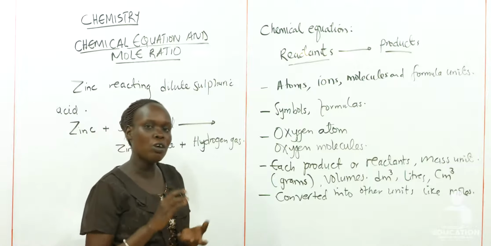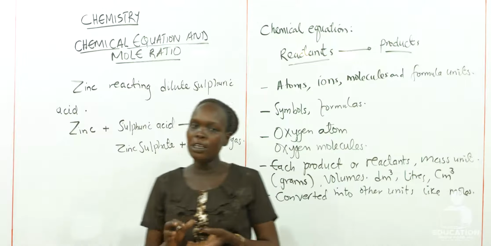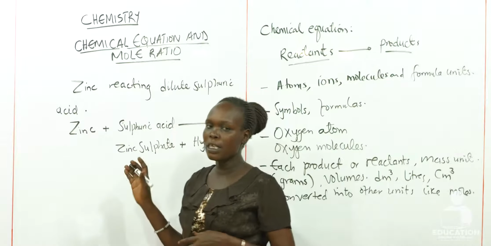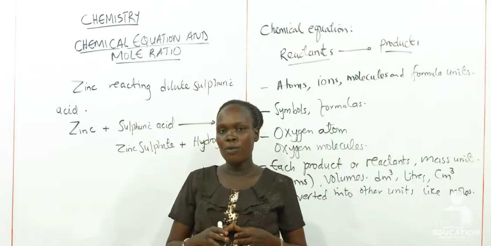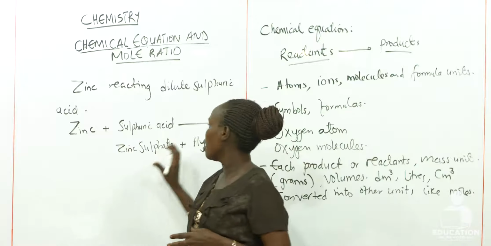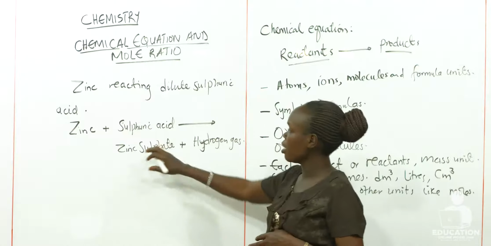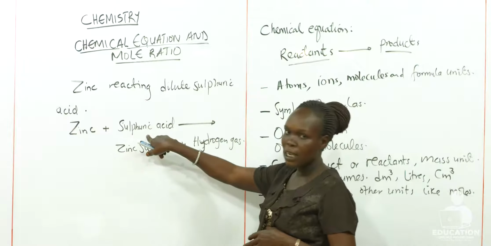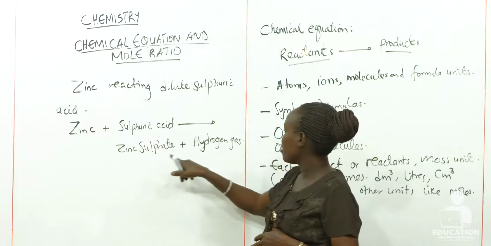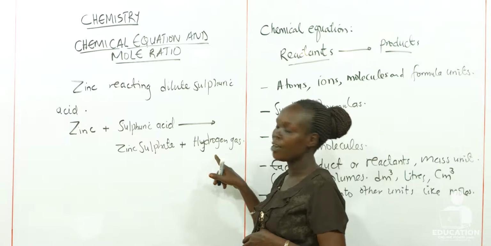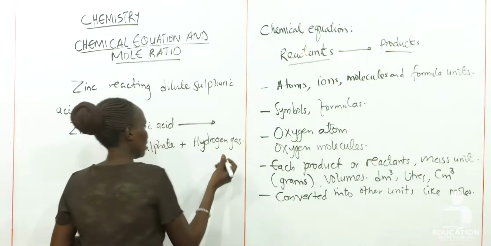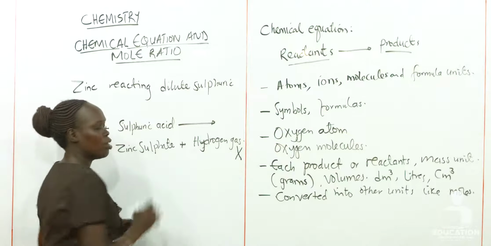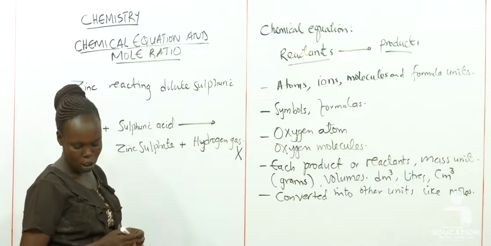A convenient chemical equation is represented by symbols and formulae, not by words, as you see that I've put here zinc in words plus sulfuric acid in words, then zinc sulfate and hydrogen gas. This is not a convenient way of writing a chemical equation.